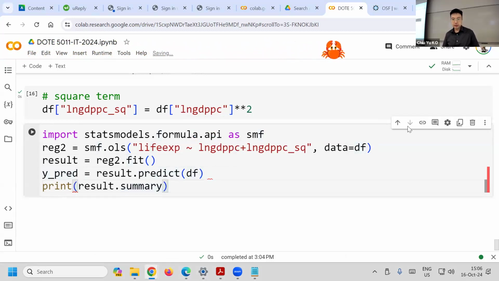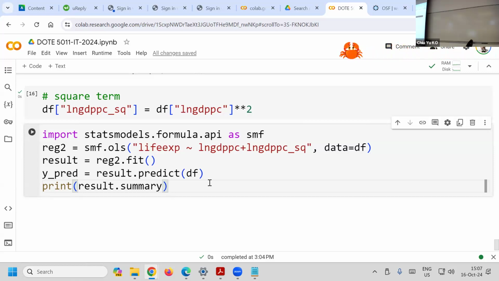So let me explain this line again, because we often see this many times. Instead of giving me a y vector and x matrix, right? You give a formula directly, and you pass the data.